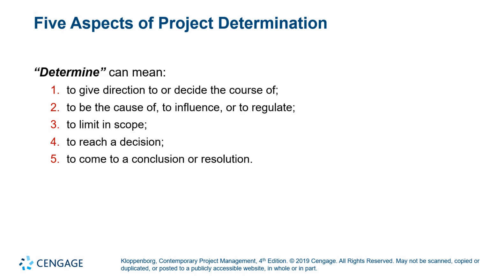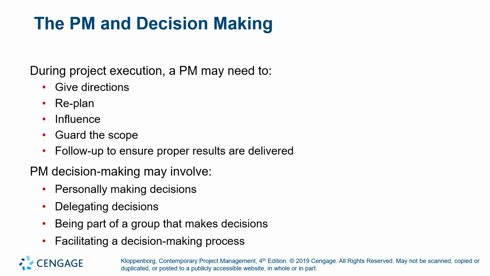These are all things that will help in the determination process of working your projects within a PMO. The PM and decision making. It's important for the PM to have moderate to excellent decision making skills.